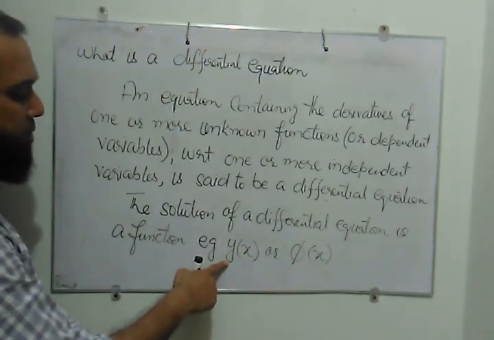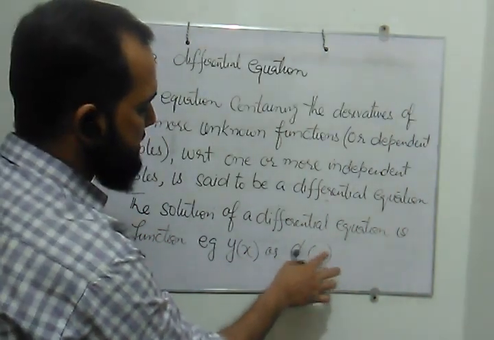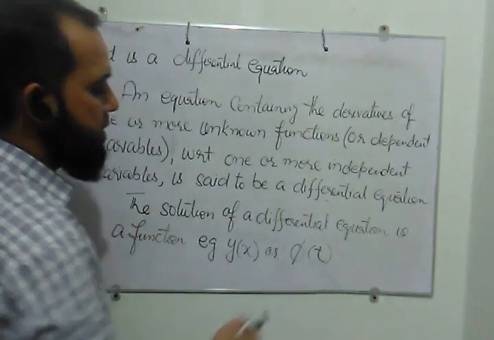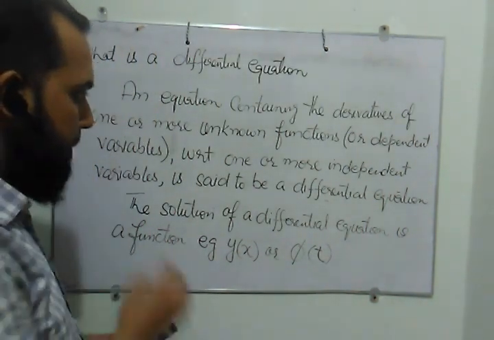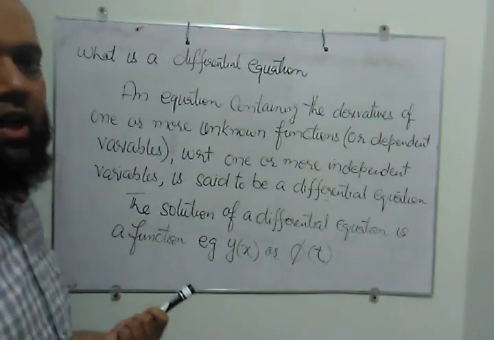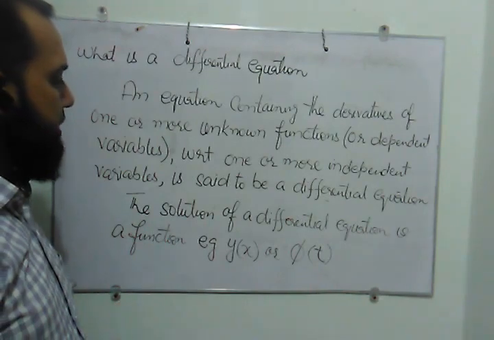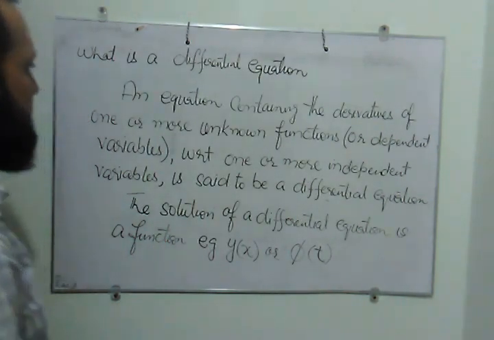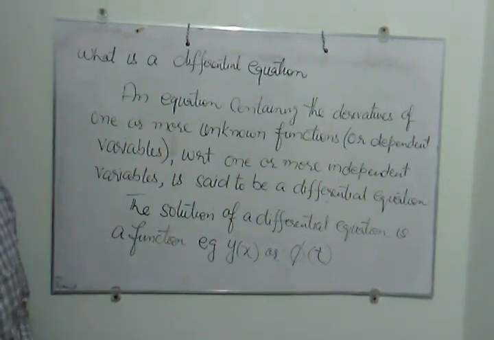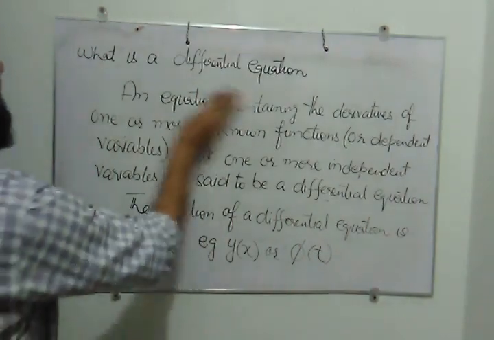So this is the dependent variable, this is the independent variable. We have seen that in an algebraic equation we have some discrete values, but if we solve a differential equation we get a function. So this is the definition of differential equations.